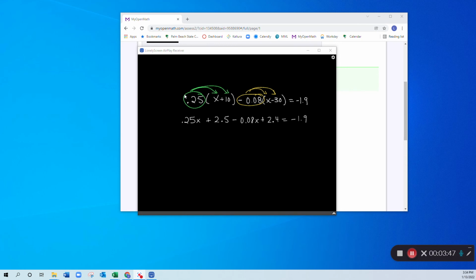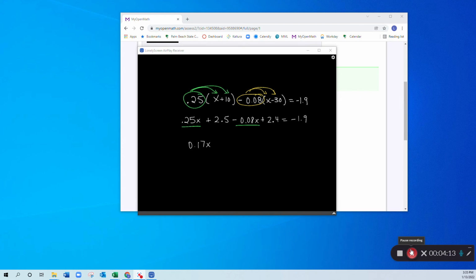Now I need to combine like terms. I'm going to combine my two x values, the 0.25x and the negative 0.08x. And that leaves me with 0.17x.